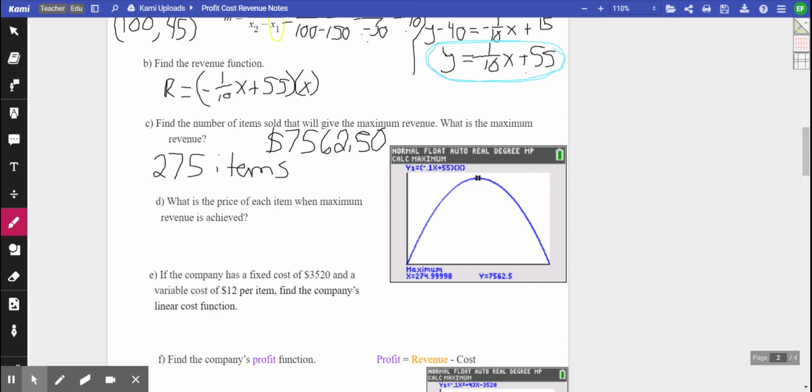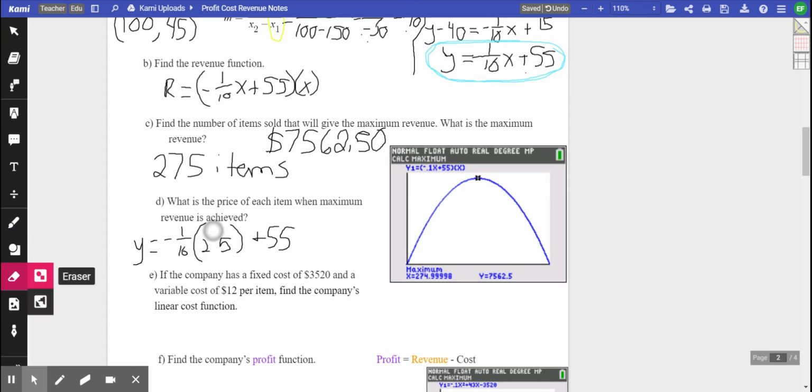So we take that same function and plug in the 275 items, negative 1/10 x plus 55. If we plug that in, we will get our final answer of what our price should be. If we simplify this, it looks like $27.50.